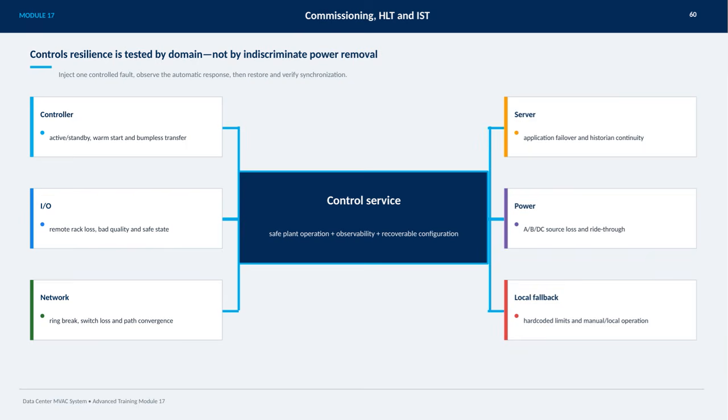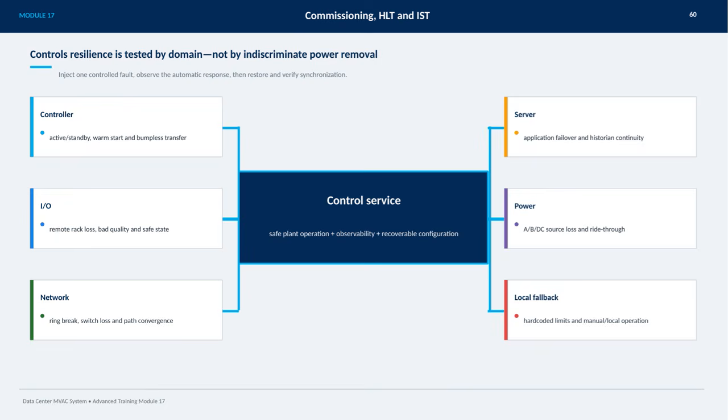For I/O, we simulate remote rack loss, check for bad quality signals, and confirm the system enters a safe state when needed. On the network side, we introduce ring breaks, switch losses, and verify path convergence to maintain communication integrity. For servers, we focus on application failover and maintaining historian continuity, which are critical for data reliability.